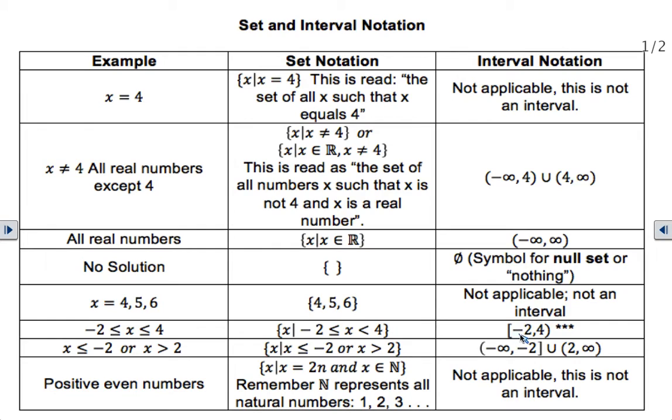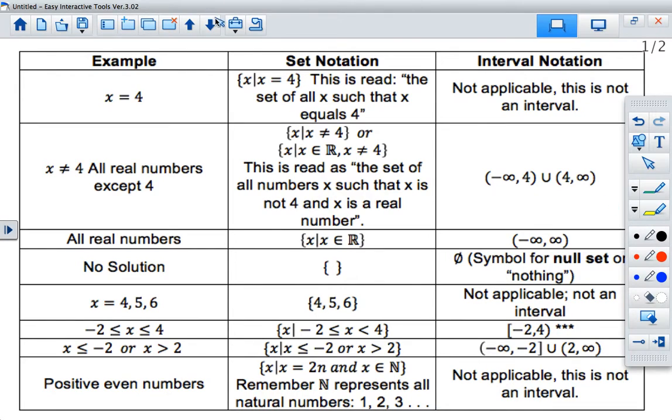And we use the bracket here because of this equal sign here. So this would read the domain such that x is between -2 and 4, and x can equal -2. So notice we have the bracket -2, comma 4, and close parentheses. This takes a lot less space and a lot fewer symbols. That's one thing that you should notice about your interval notation: there are a lot fewer symbols.